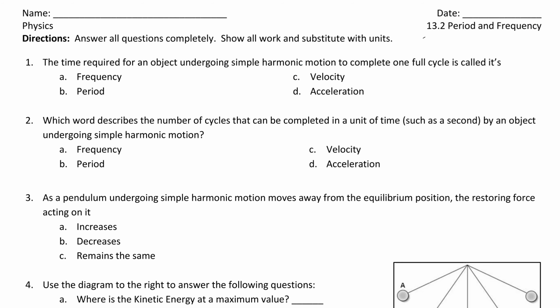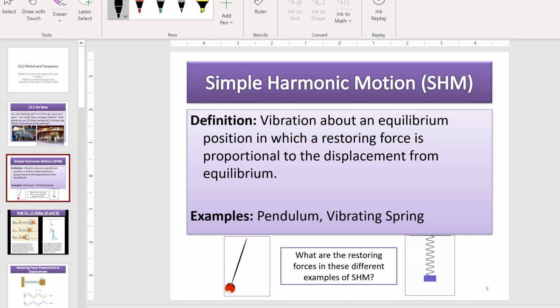So if you're super confused by what the heck is simple harmonic motion, just listen to this short explanation. We'll go through a couple of the PowerPoint slides. Simple harmonic motion, sometimes you'll see it abbreviated SHM.